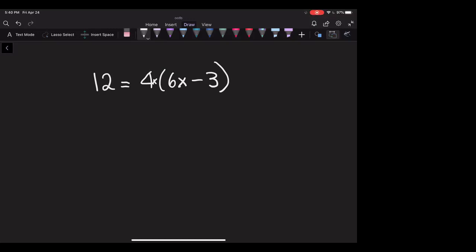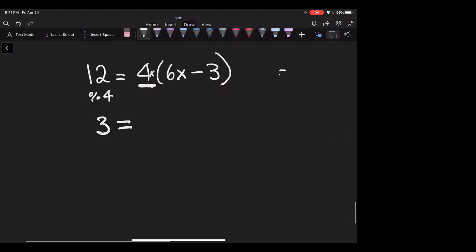What's outside of the brackets? The 4, right? So first thing we're going to do is, this is multiplying, so we're going to divide. The answer is 1. I actually don't know what the answer is. We're going to find out. But I think it's 1. You think it's 1? Okay, let's write that down.